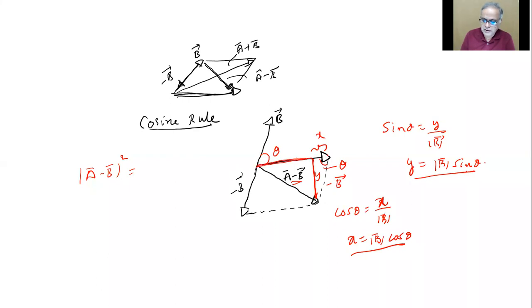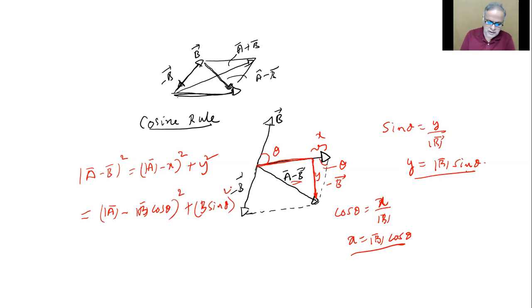This length is total mod A minus x, whole square, plus this one y square. But mod A minus x is mod B cos theta, whole square, plus y square is mod B sin theta whole square. If I don't write anything, it is mod only.